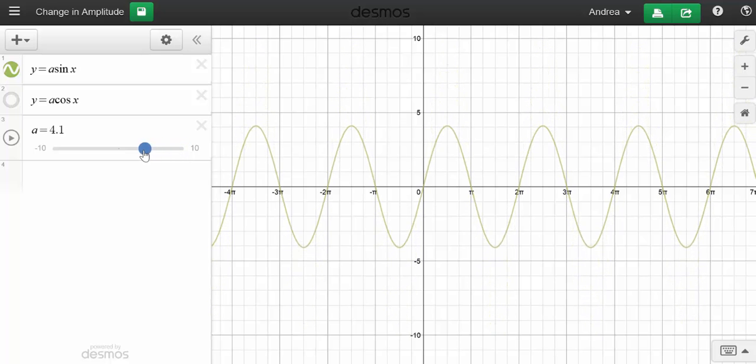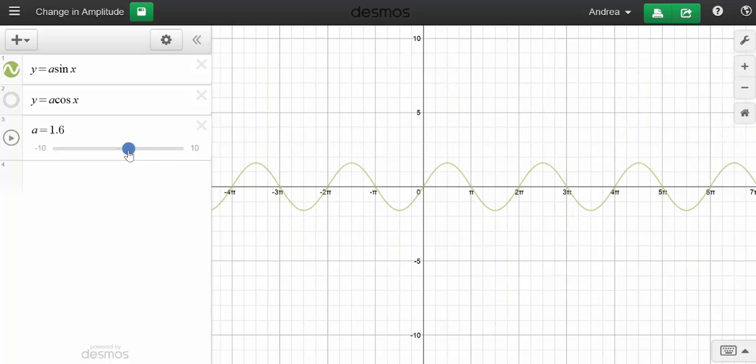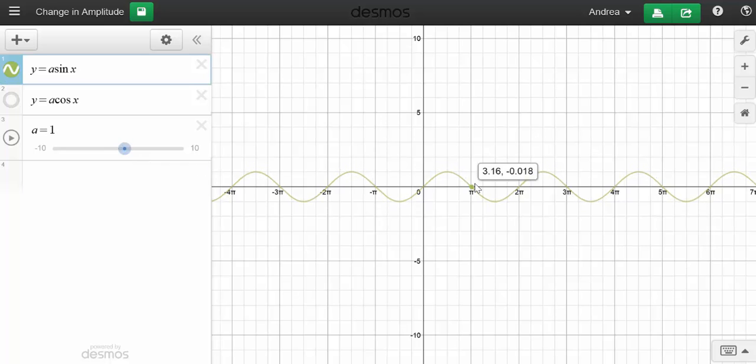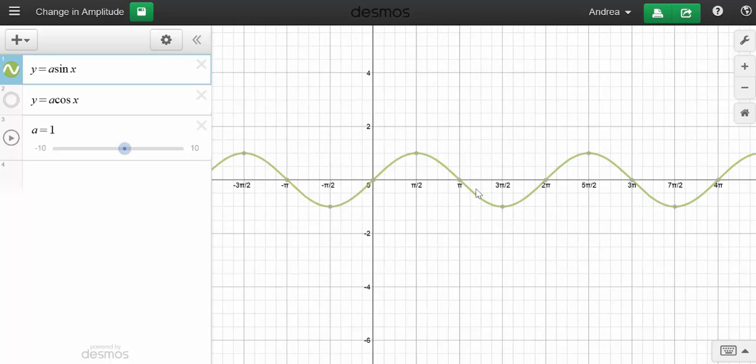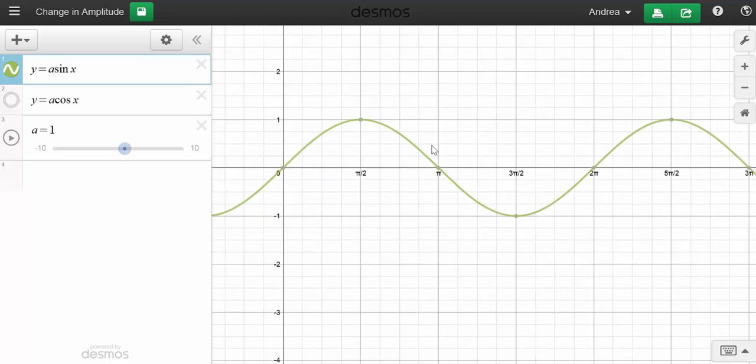Let's go back to 1, our standard sine curve. So here's our standard sine curve. And when you click on the graph, it brings up those key points that were on our standard sine curve.